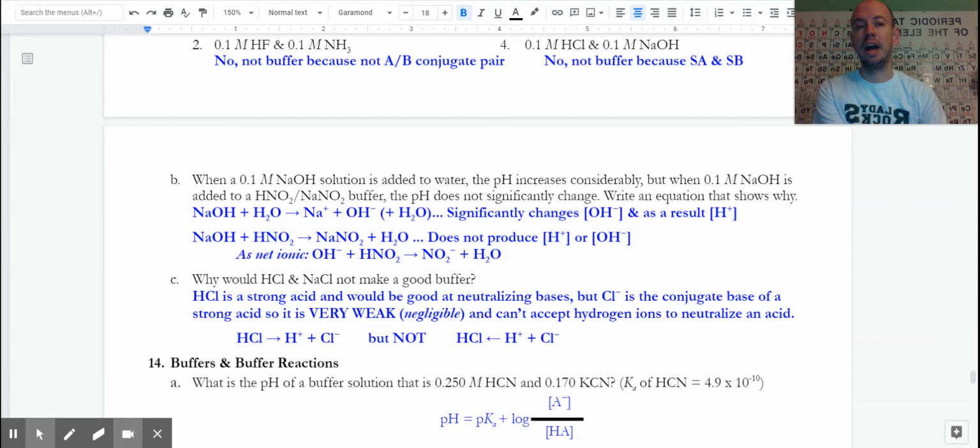In terms of a net ionic, which is much more likely what you'd see and maybe even have to write, the hydroxide ion from this reacts with the HNO2. Even though that's an acid, we draw it all together because it's weak. This is a base, so it accepts the hydrogen ion, so we've made the water molecule, and now we've made some nitrite. That nitrite is a weak base.